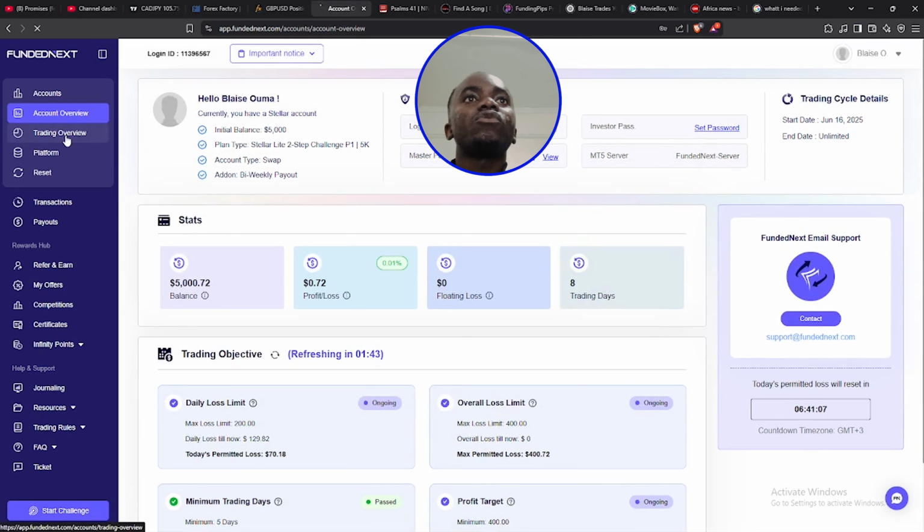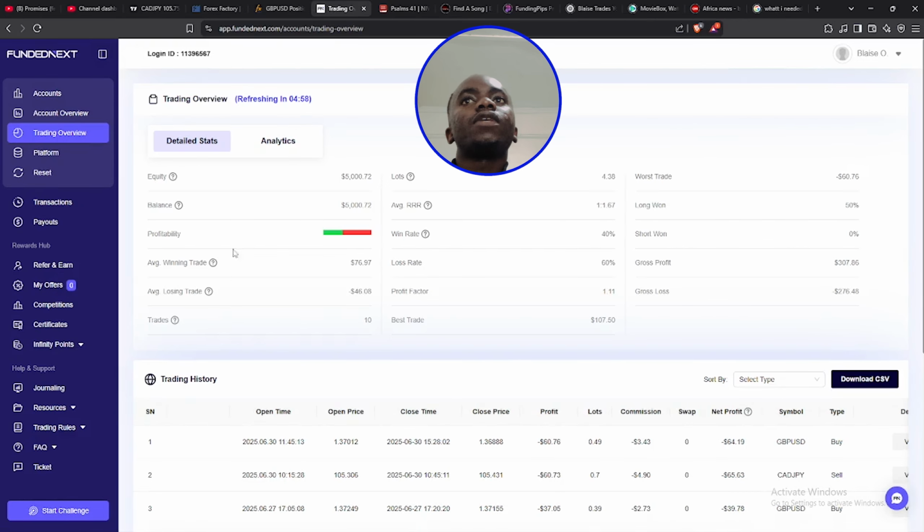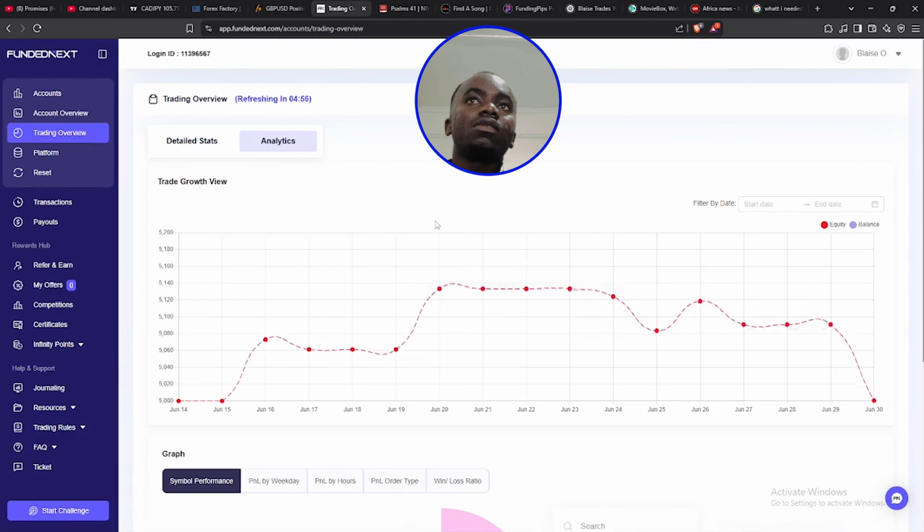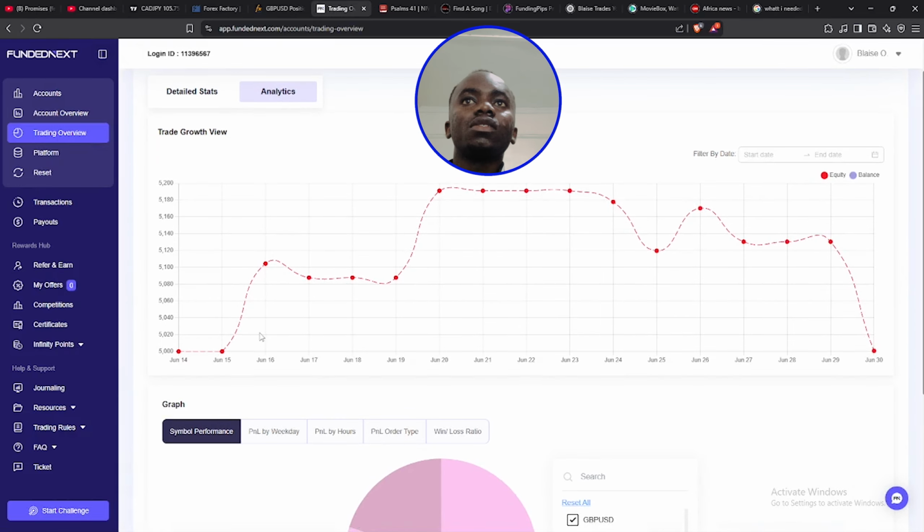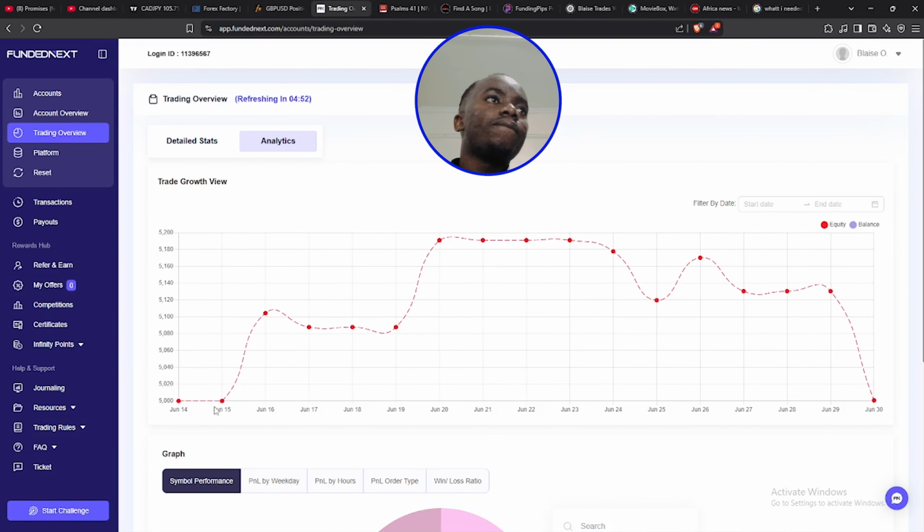So the trading overview, as you can see, my performance chart: the first trade was taken on 16th June, and we are back on 30th June with the same price.